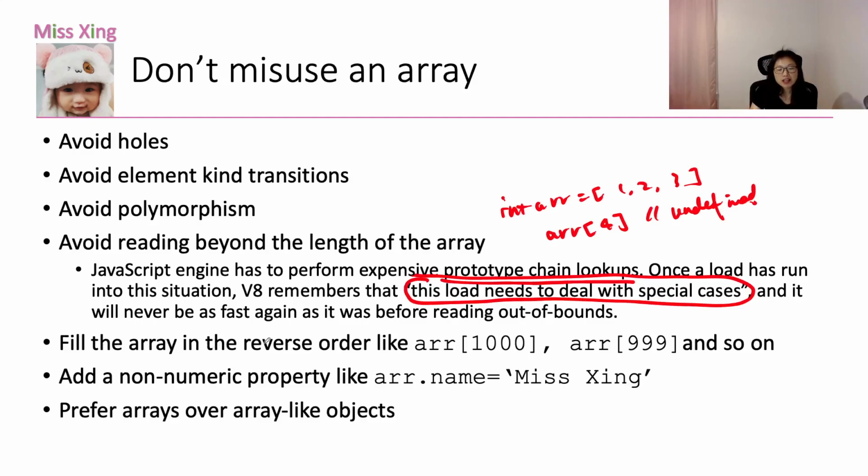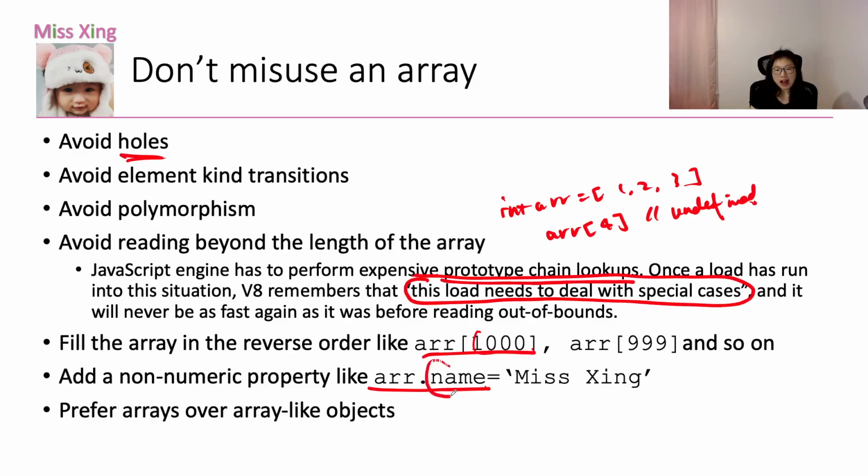Also, filling an array in reverse order, like if you have an array and you fill it in reverse order, first you have index 1099, this is going to cause a holey array. And don't add non-numeric properties to the array this way, because array indexes are integers 0, 1, 2, 3, 4, which are index properties.